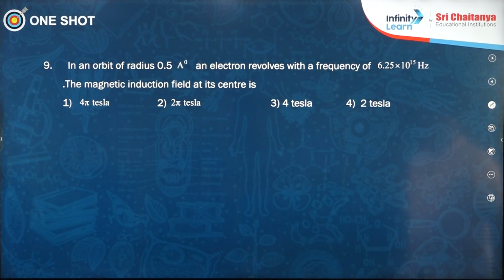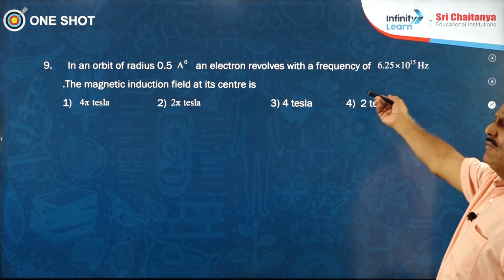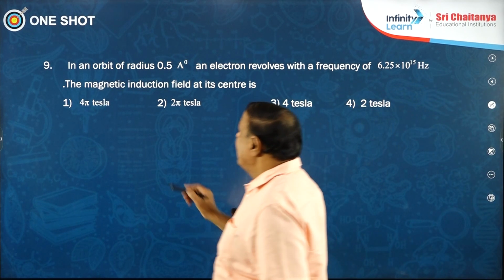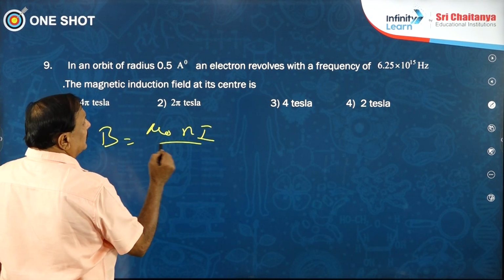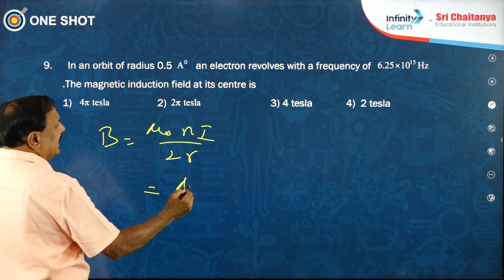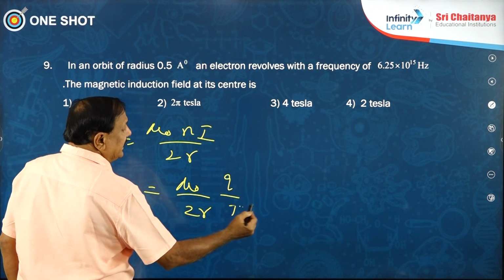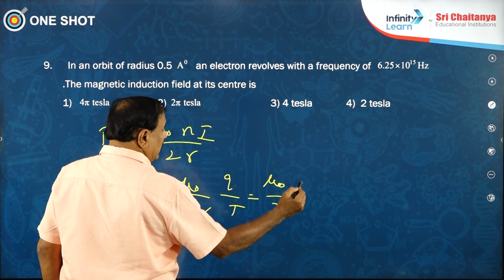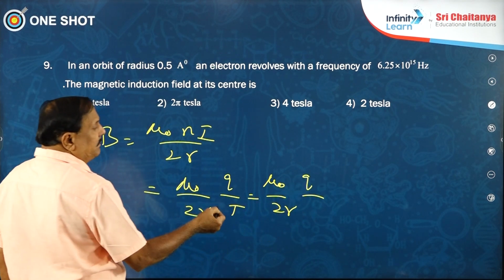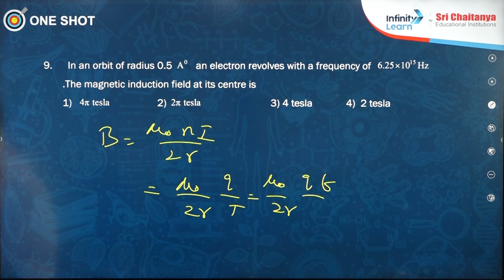An electron is moving in an orbit of given radius, and the frequency is given, as I told earlier. So, what is the formula? B is equal to mu naught N I by 2r, of course I am taking N as 1. I is equal to q by t, so mu naught by 2r into q by t, and the reciprocal of time period is frequency.